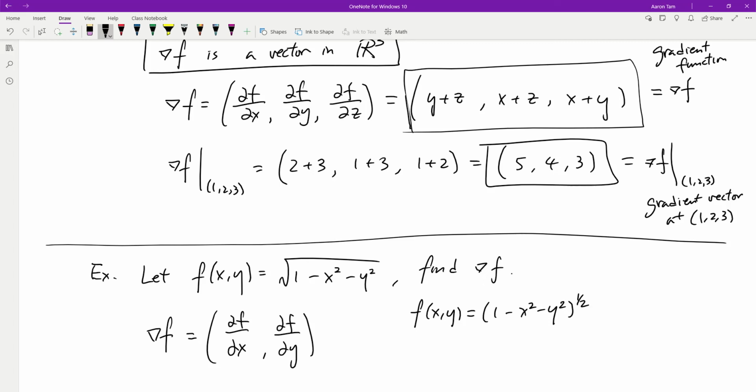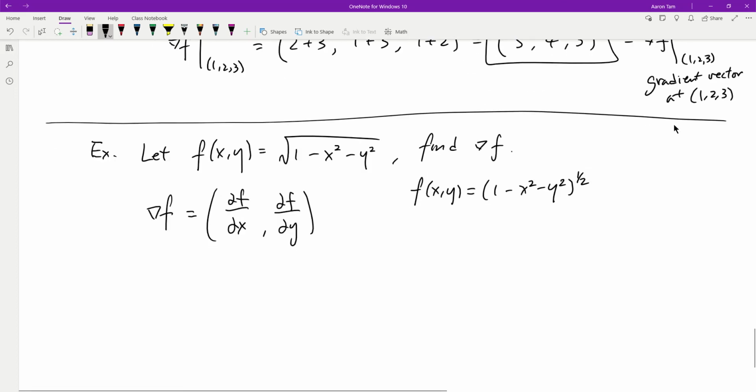Therefore now I can write out the partial derivative, which should be pretty simple. What is df over dx? That would be 1/2 (1 minus x squared minus y squared) to the negative 1/2 multiplied by the derivative of this thing with respect to x. Therefore the 1 goes away because it's a constant. The y squared also goes away because that is also a constant.